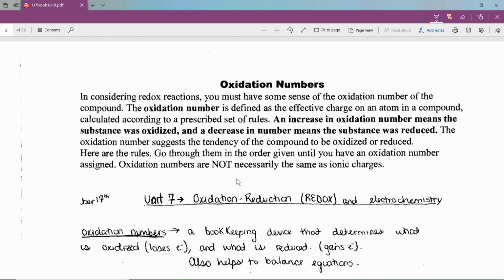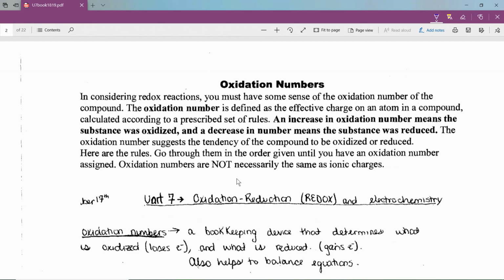So in considering redox reactions, you must have some sense of the oxidation number. It's called the effective charge, but really it's just a fictitious bookkeeping device that still helps us decide what's oxidized and what's reduced. An increase in oxidation number, sometimes called oxidation state, by the way, means the substance was oxidized, and a decrease means the substance was reduced. The oxidation number suggests the tendency of a compound to be oxidized or reduced.